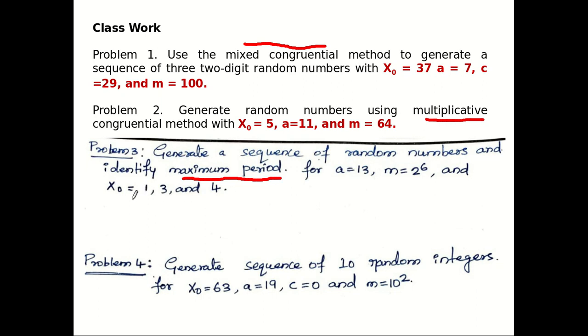Initially, consider the value of x naught equal to 1, a equal to 13 and m equal to 2 raised to 6, and go on generating a sequence of random numbers.